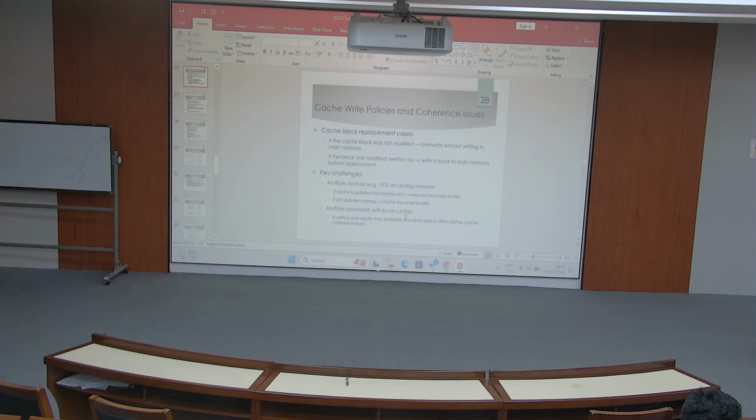So we need to learn some cache mapping techniques, including direct map, fully associative, and set-way associative. In today's class, we're going to continue with the cache write policy, because whenever there is any update in the cache memory, the same copy of the data needs to be updated in the main memory as well to make sure that there is no inconsistency of the same data between the cache memory and the main memory.